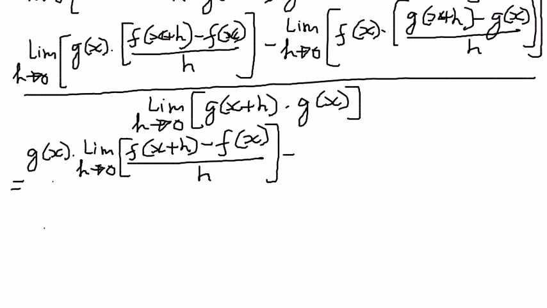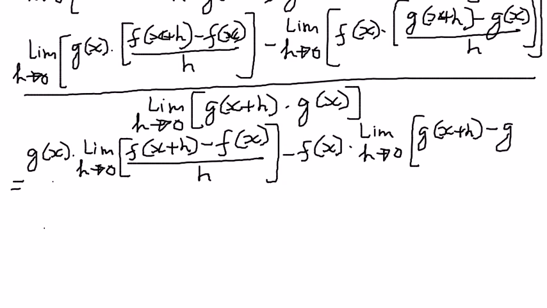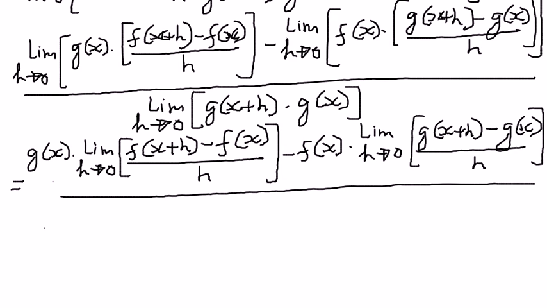minus, we can pull out the f of x in the second part, like that, and then write the rest inside the limits as h approaches 0, we can write this one as g of x plus h minus g of x, this whole thing divided by h, close brackets, and this whole thing is divided by limit as h approaches 0.